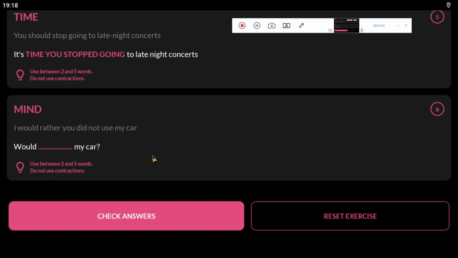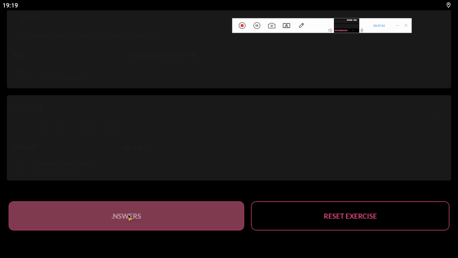It says, I would rather you didn't use my car. Would you mind using my car? Would you mind not using my car? Why do I use here one more time the gerund? Because after would you mind, either in positive or negative, all of the verbs have to go with the ing form once again. And that is why.